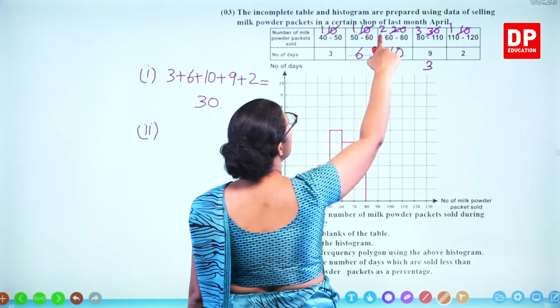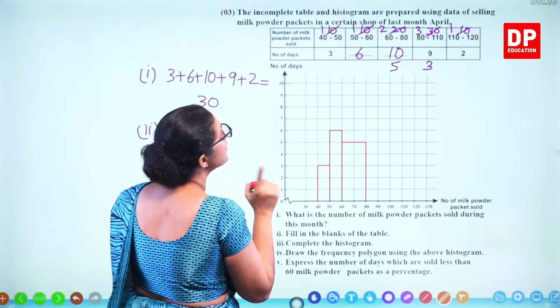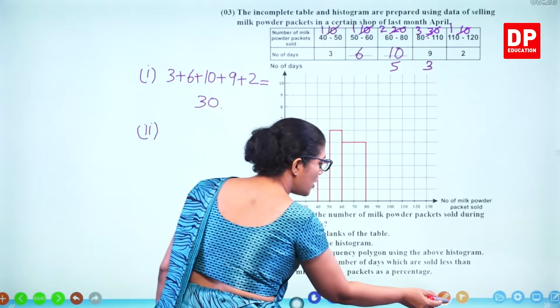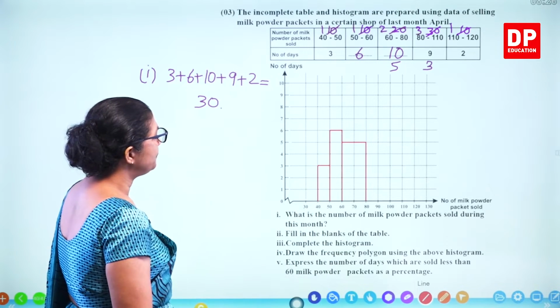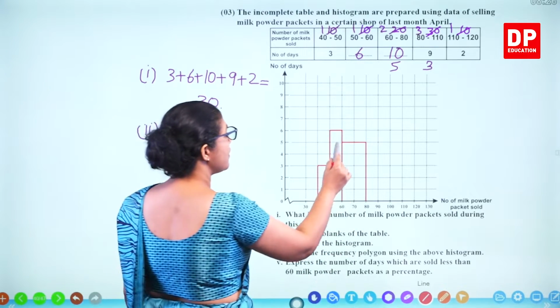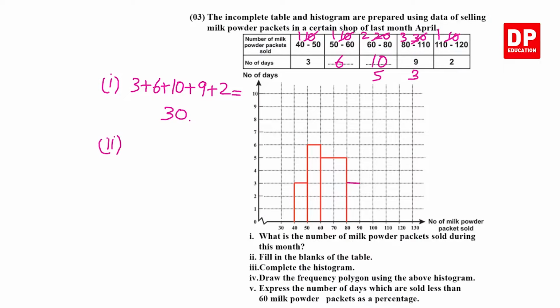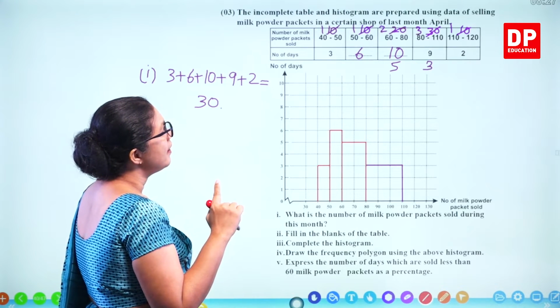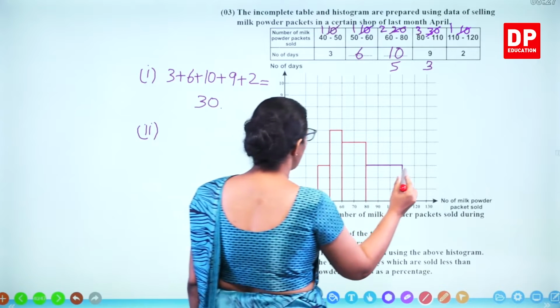This one, 10 divided by 2, that's 5. Others are the same, only these two change. So we can mark 60 to 80, that's already given. This one, 3, 80 to 110, that's this one. And other one is 2, 110 to 120, that's 2.